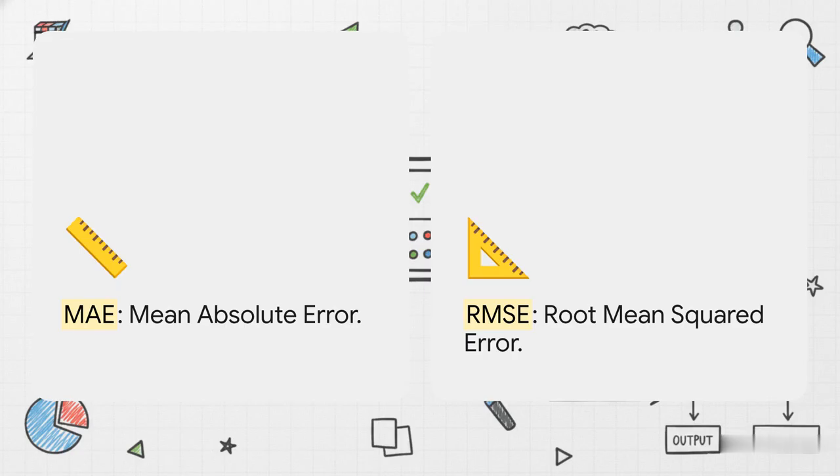But wait a second, what if we aren't categorizing? What if we're using a regression algorithm to predict a continuous test score, like an 88.5%? Well, we definitely can't use a confusion matrix for that. And this brings us to a classic data science interview question highlighted in our source, explaining MAE versus RMSE. Mean absolute error, or MAE, simply calculates the average of how far off our predictions were.